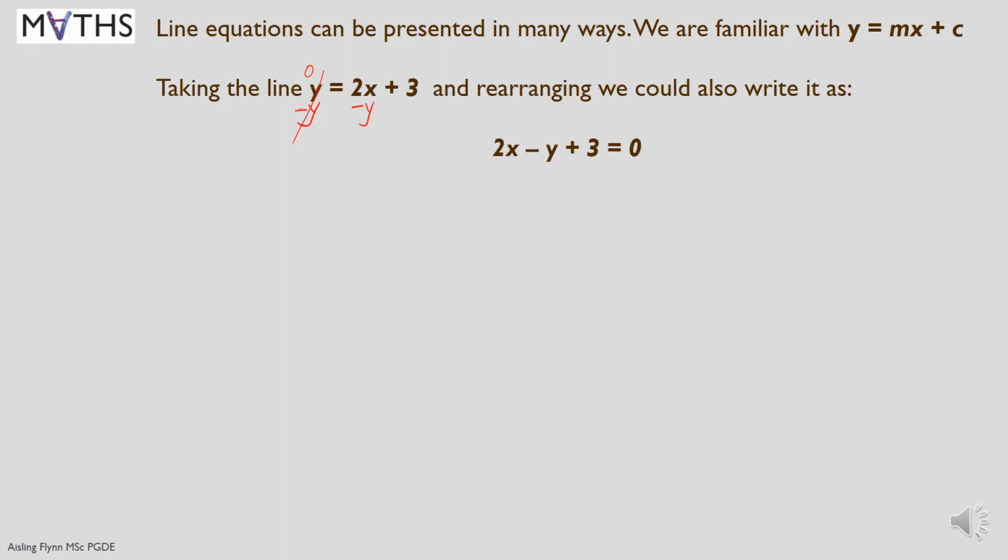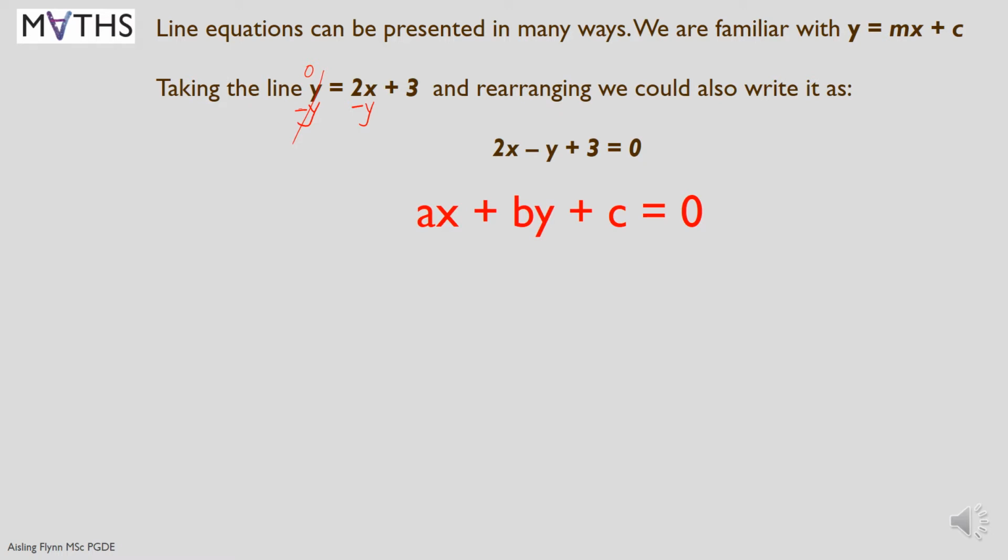So it's just moving things around. It's the same thing though. Alright, and this is the form ax plus by plus c equals 0, and in some questions in your exams you're asked to present the equation of the line in this form. So it just means to move everything to one side and leave the other side empty, equals to 0.